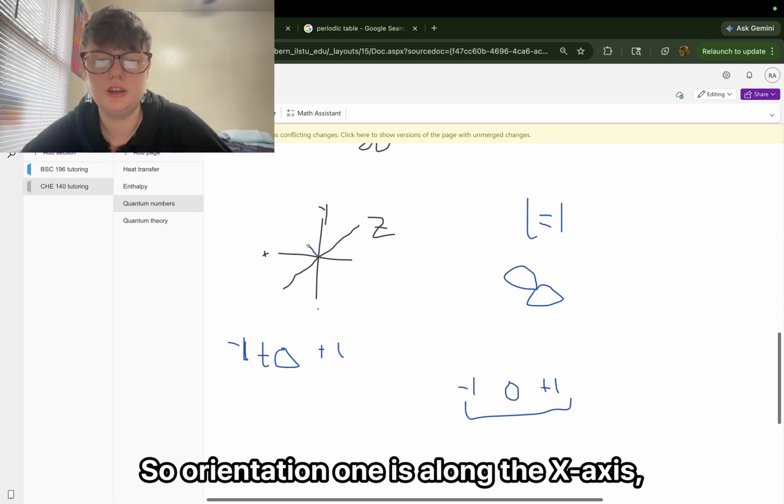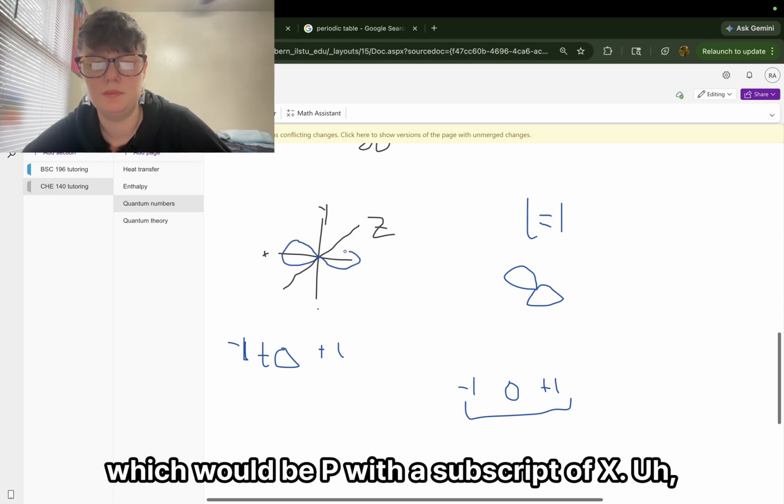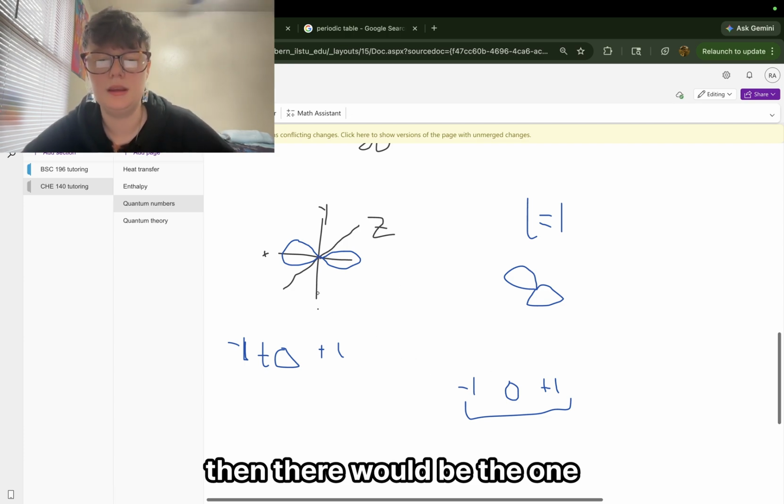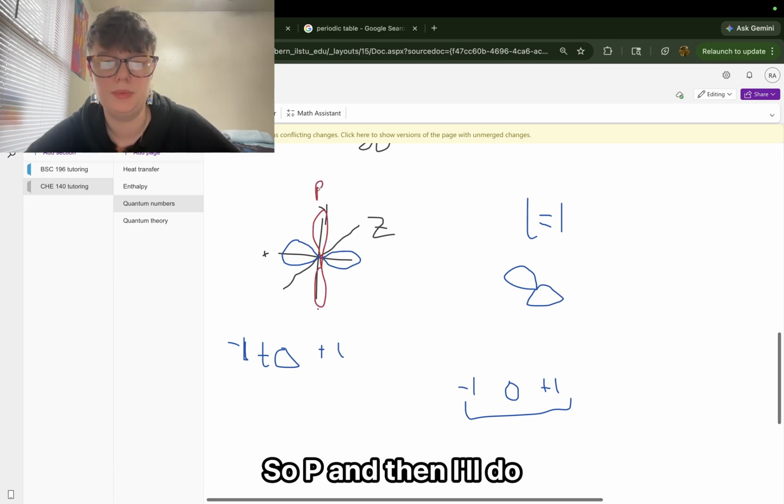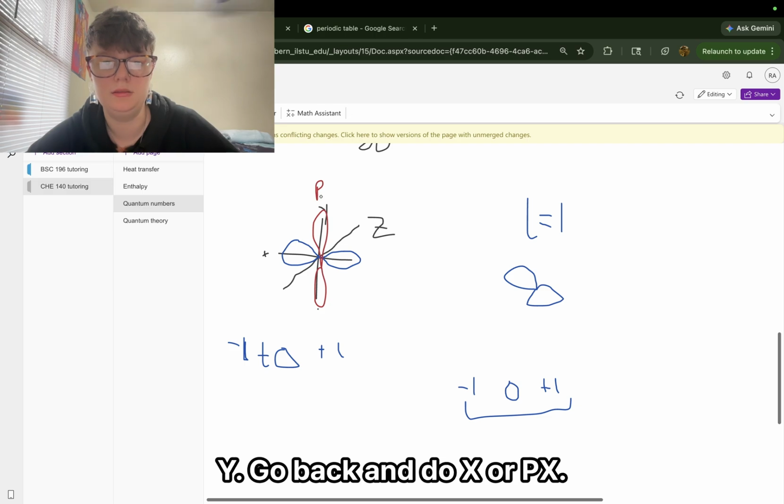Orientation 1 is along the x-axis, which would be p with a subscript of x. Then there would be the one along the y-axis, which I'll do in red. So p, and then y.